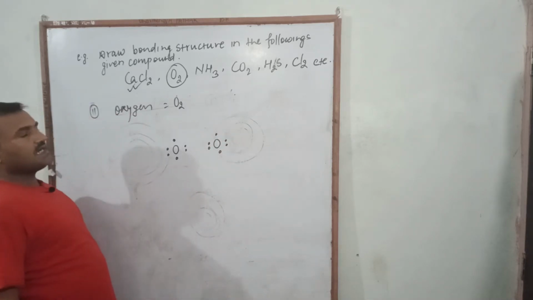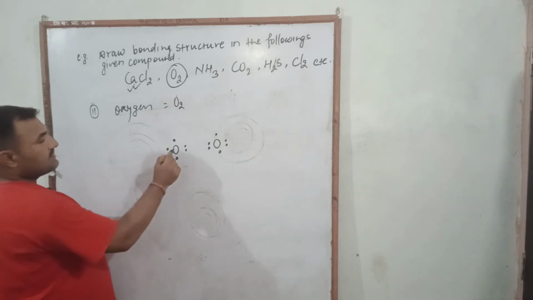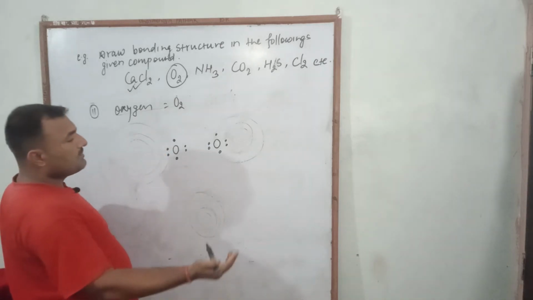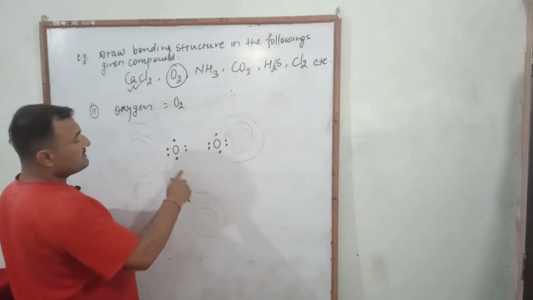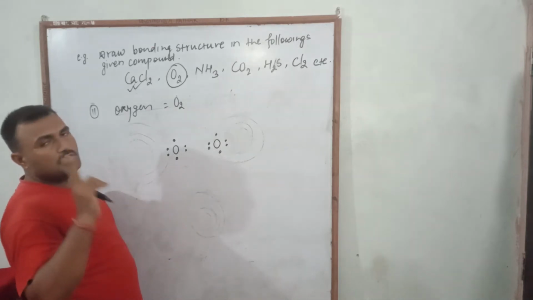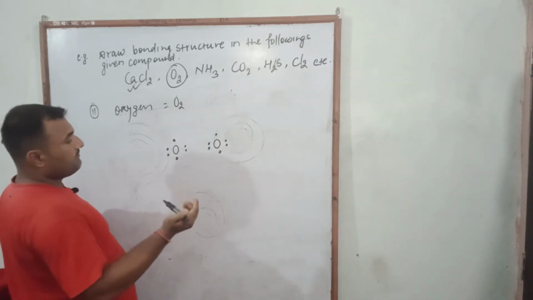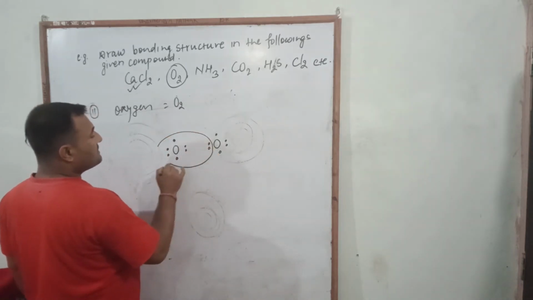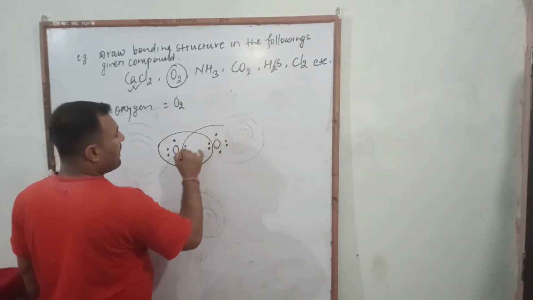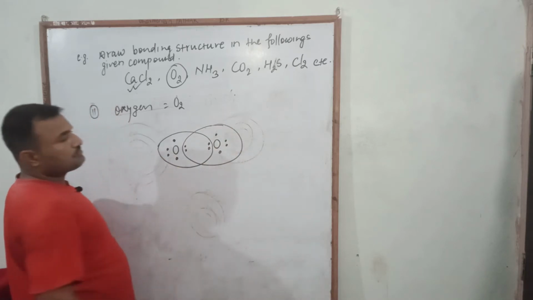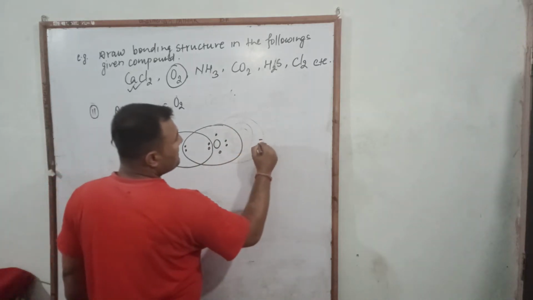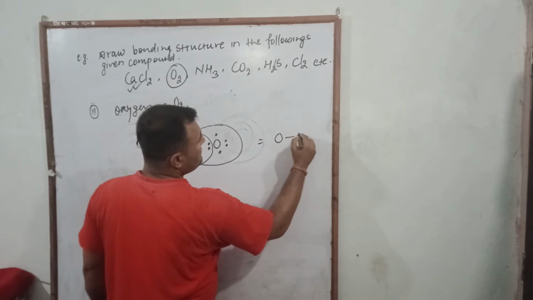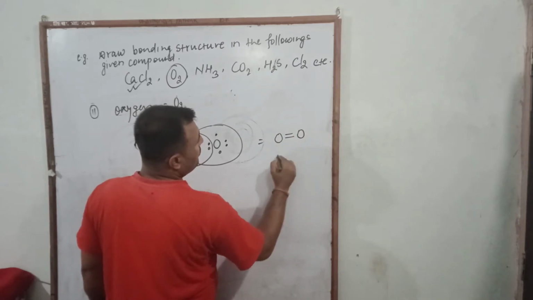Now 2 oxygen atoms are there. Both oxygen atoms need 2 electrons to complete the octet. For that reason, both oxygen atoms share 2 pairs of electrons to complete the octet, and the bond formed gives the O2 molecule.